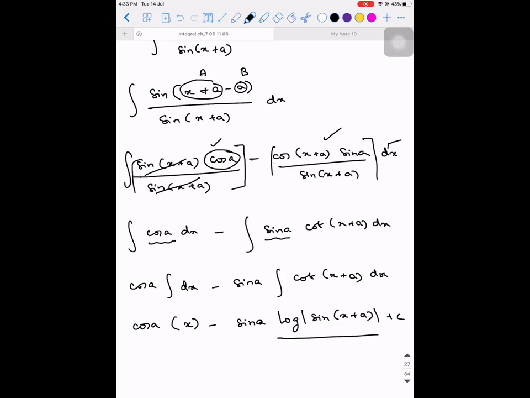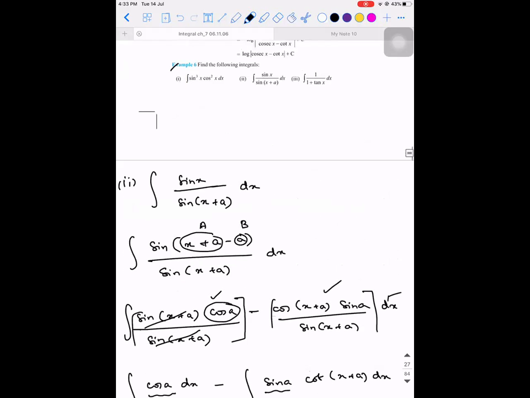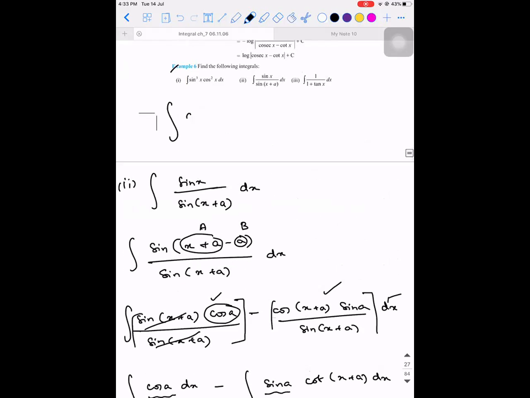If at all you put a in the denominator, that is wrong. Don't make that mistake. When should I put that a in the denominator? When x is multiplied with a, not when x is added to a. So observe this carefully: the integral of sin x is minus cos x plus c.